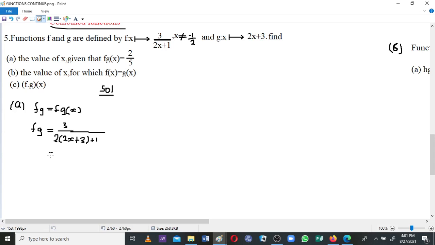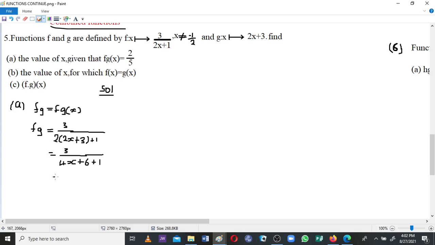Now this is what we have. If we proceed, we are going to have 3 on top there, and 4x plus 6 plus 1.